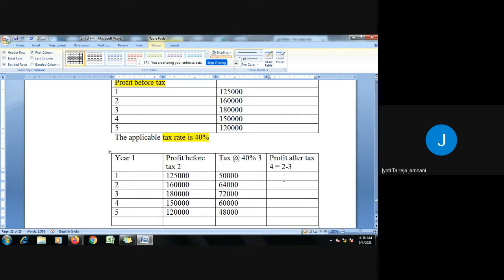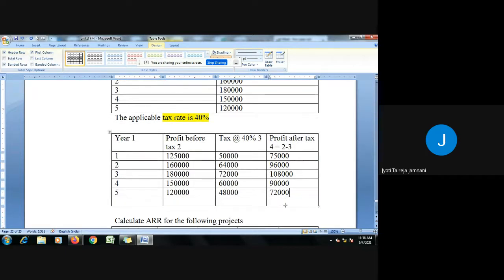So 1,25,000 minus 50,000 we get 75,000. 1,60,000 minus 64,000 we get 96,000. 1,80,000 minus 72,000 we get 1,08,000. 1,50,000 minus 60,000 we get 90,000. And 1,20,000 minus 48,000 we get 72,000.